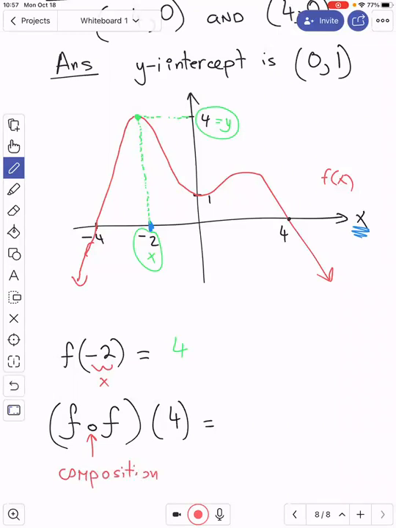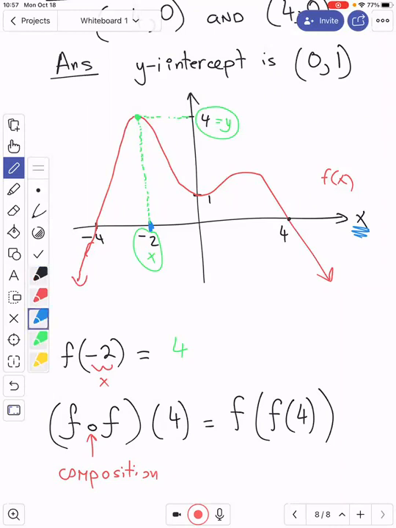So in other words, what we are looking for is f of f of 4. First, we need to find f of 4, the thing inside the parentheses. So what's f of 4?